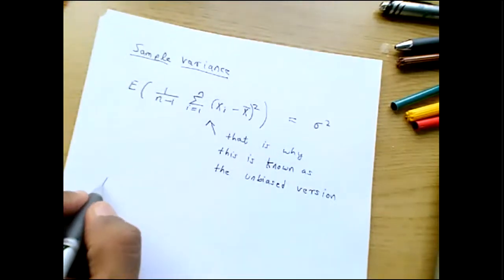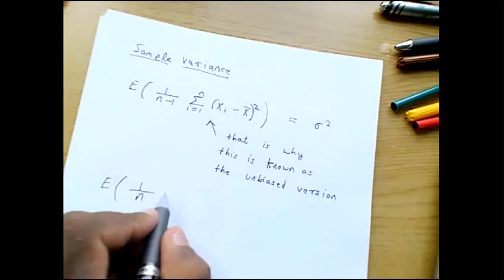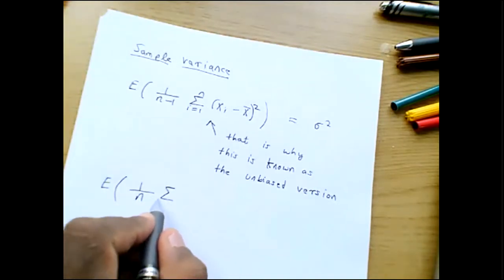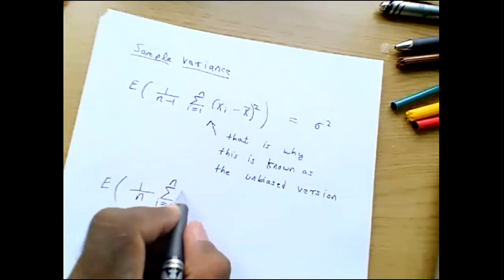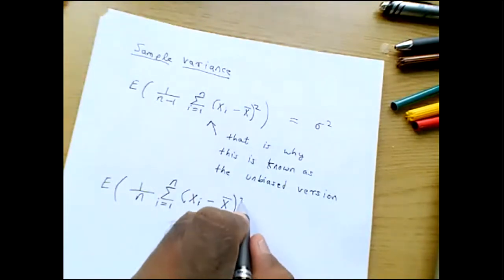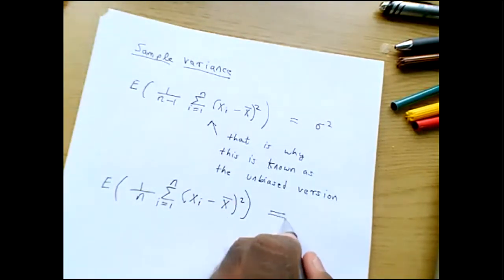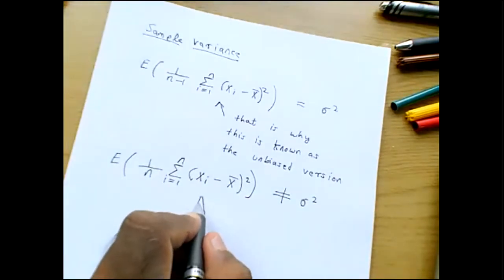Whereas the other one, you should take the expected value of the biased version, which has an n in the bottom. Usually this will not be equal to sigma squared.